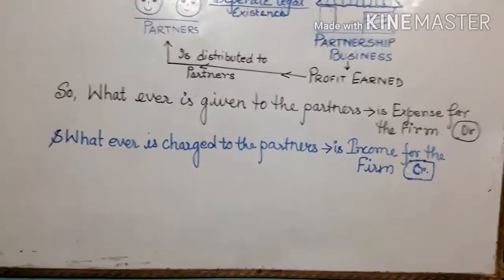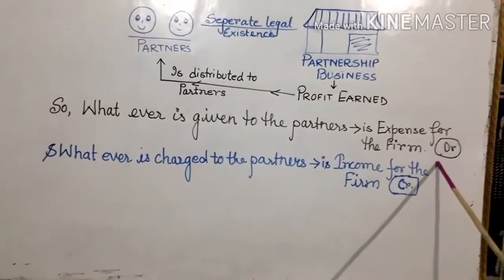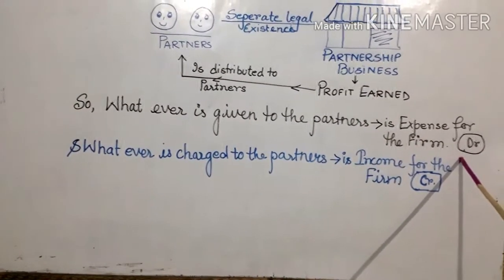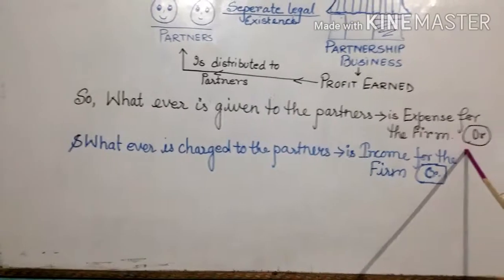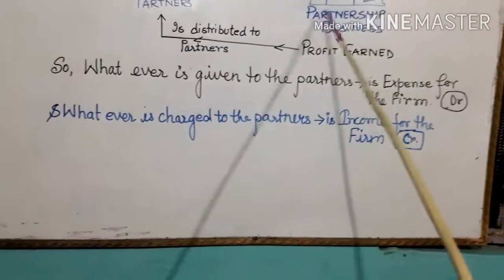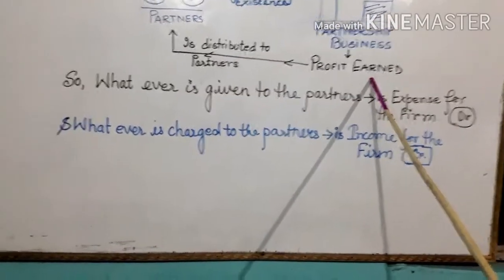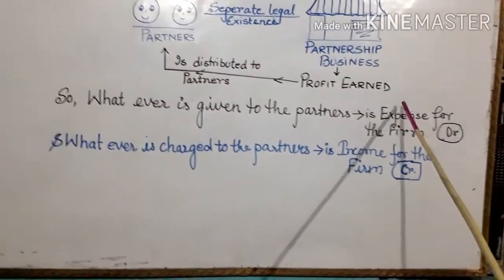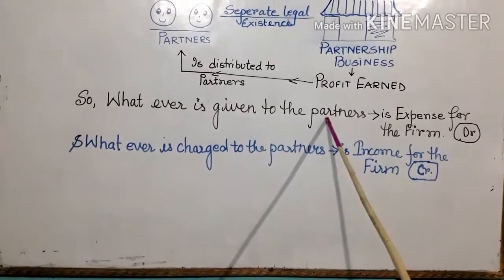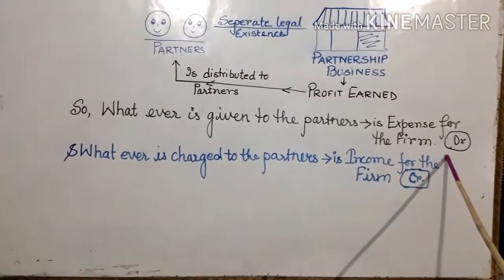So it is called an expense for the firm and hence it is to be debited, because the account is nominal in nature. That is the profit and loss account is nominal in nature, and we are going to show the distribution of the profit earned in it. Therefore, when the firm gives any amount to the partner, it is the firm's expense and is to be debited.